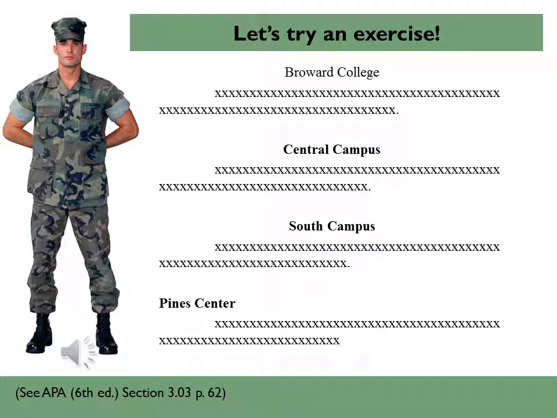Now, if I was to continue to write pieces of the section of this paper, I would focus on the North Campus. In that case, North Campus would be centered, boldface, and upper and lowercase, indicating that I'm going back to heading level 1. And for more information on how to format your heading levels, you can go to section 3.03 or page 62.